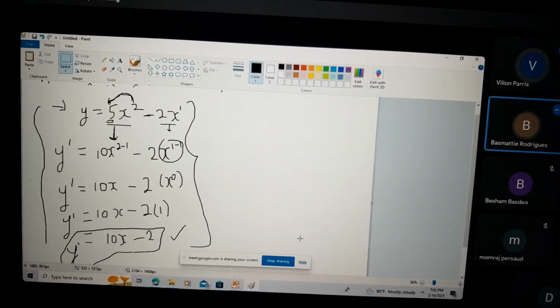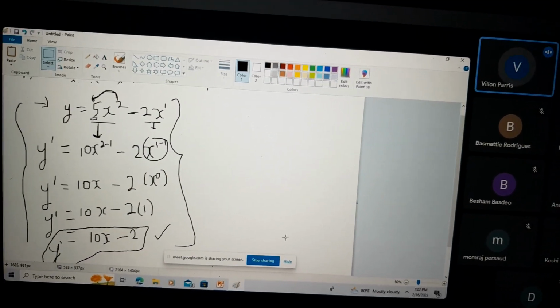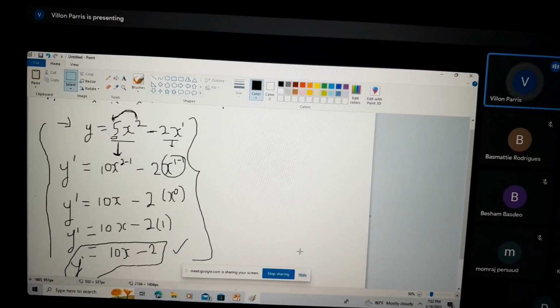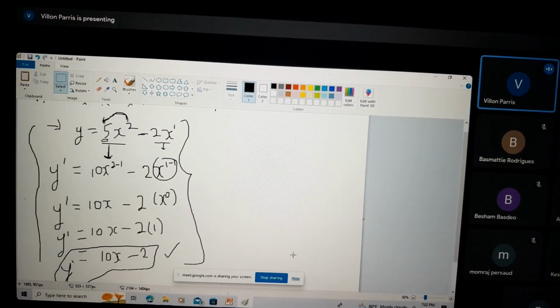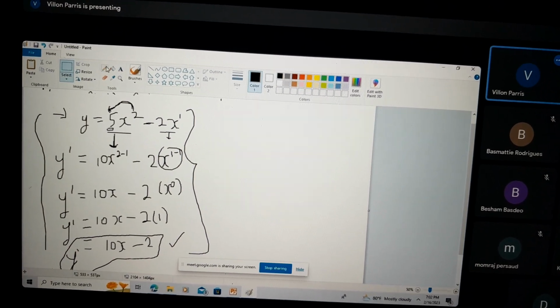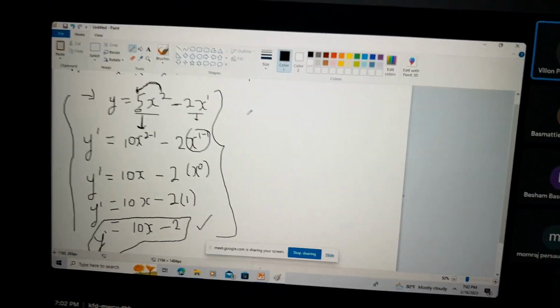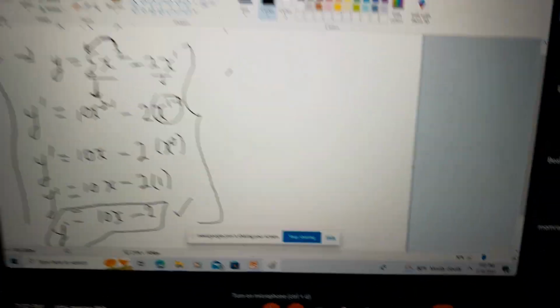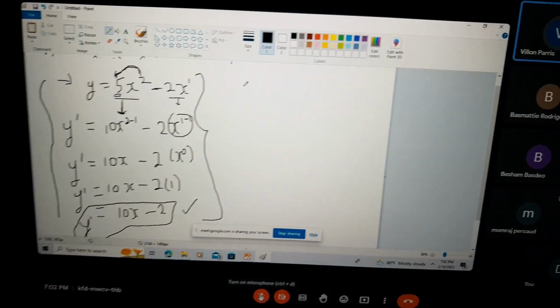They will say differentiate by first principle. If they don't say first principle, I'd say don't do it. It's too lengthy. They usually ask us to do it that way. So if they ask you, do it. If they don't ask, if you just say find the derivative, you use the power rule if it's applicable.